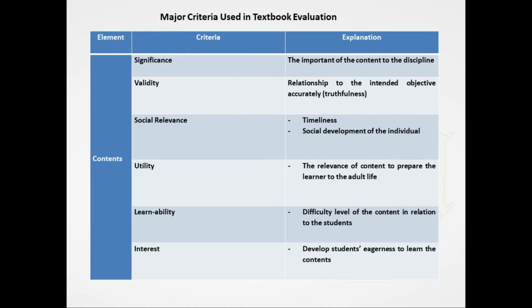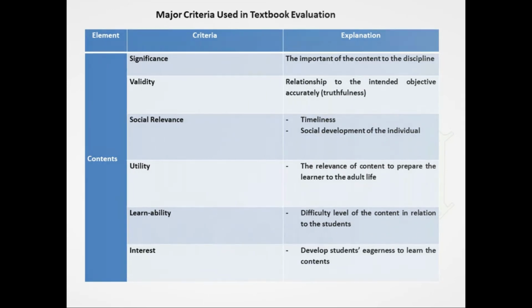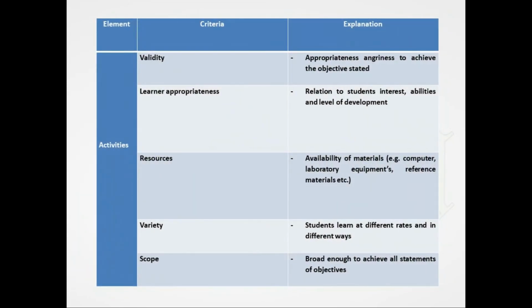Content: significance, the importance of the content to the discipline; validity, relationship to the intended objective, accuracy, truthfulness; social relevance, timeliness, social development of the individual; utility, the relevance of content to prepare the learner for adult life; learnability, difficulty level of the content in relation to the student's interest, develop students' eagerness to learn the contents.